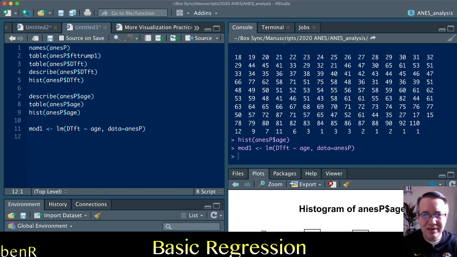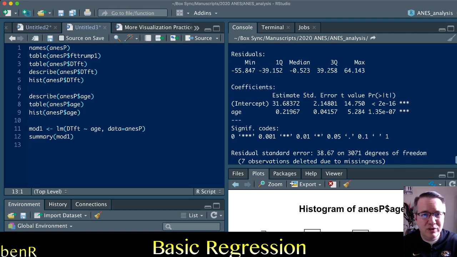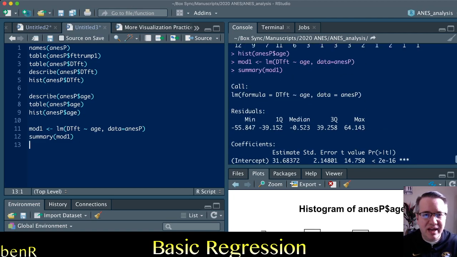You run that command. Now notice when you run the command, it doesn't give you any output. It just ran this model and stored it in this object. So if you want to see an output, you have to do summary(mod1) or whatever you named your model. If you named it Ben, then you would put summary(Ben). And you see it gives you this nice output.